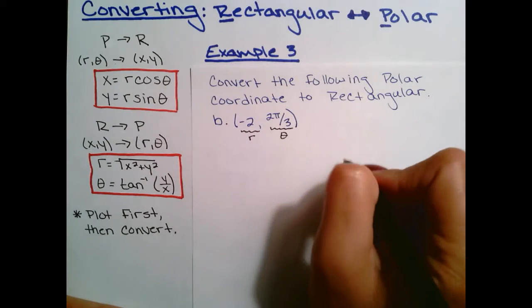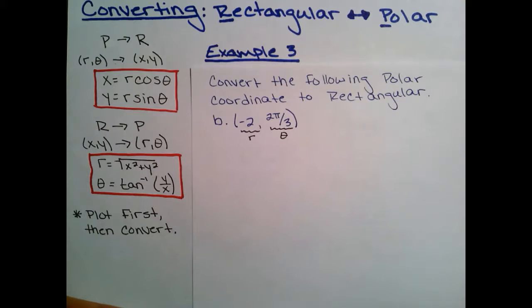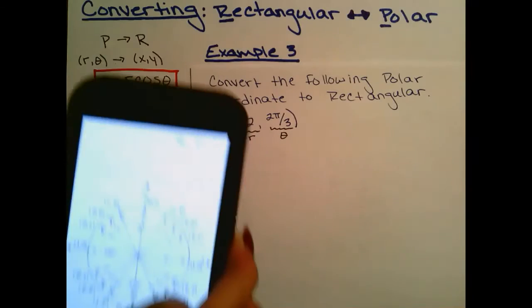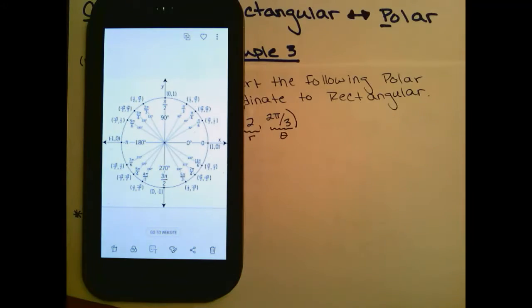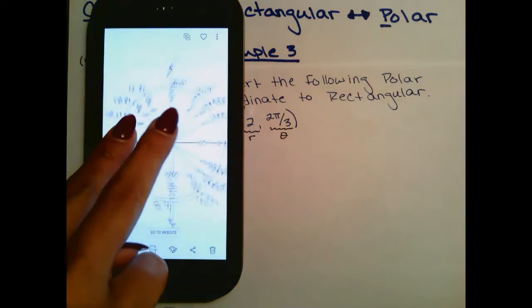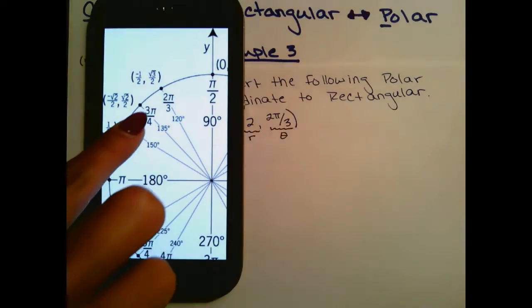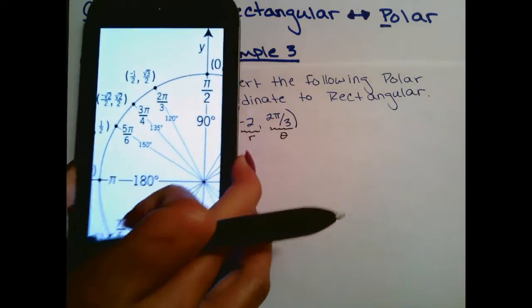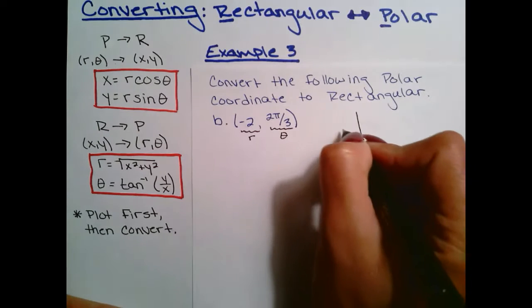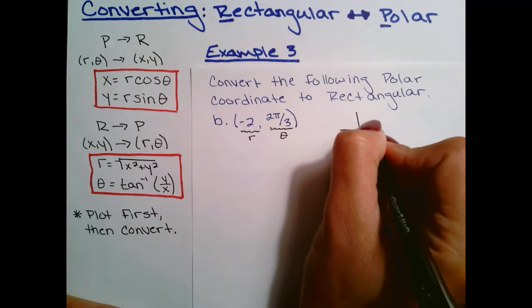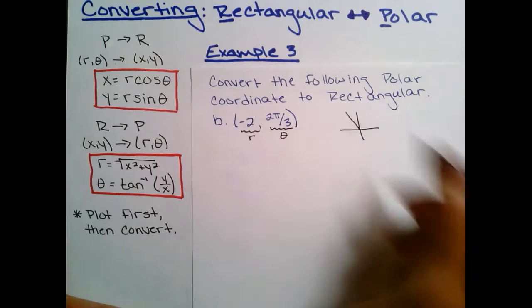Okay, so if I think about this, 2 pi over 3, I have a unit circle for you here. 2 pi over 3 is right up here in the second quadrant. So 2 pi over 3 will end up somewhere over here.